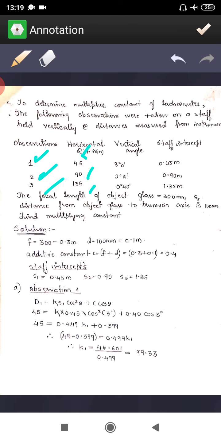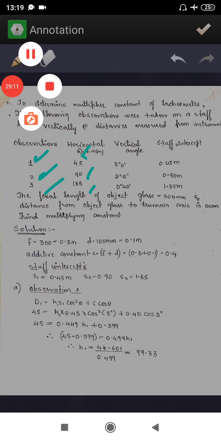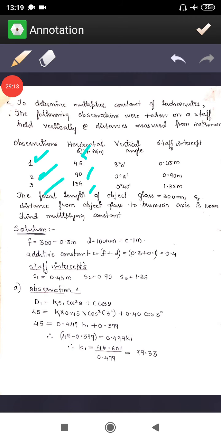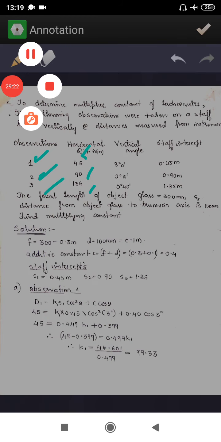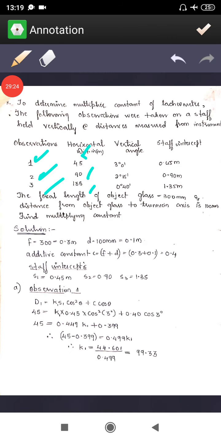So here what you are going to do is d1 is equal to k1 s1 cos square theta 1 plus c cos theta 1. Then similarly d2 is k2 s2 cos square theta 2 plus c cos theta 2. Like that, for the third value also you are supposed to do the same thing, that is d3 is k3 s3 cos square theta 3 plus c cos theta 3.